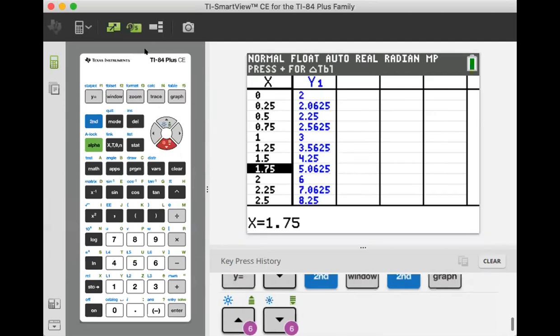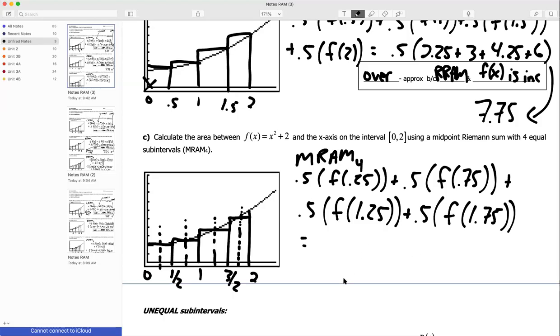So I need to write those values down. So going back to my notes here, this is the line that will give me credit.